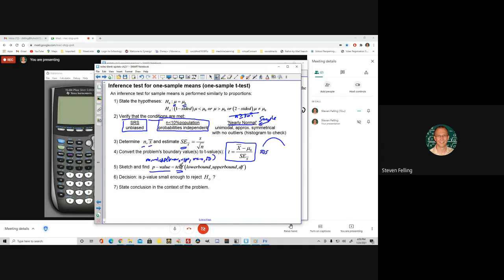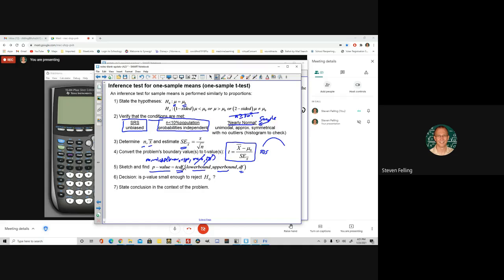But the tCDF function, because it has to embed many, many curves, requires us to specify the degrees of freedom, and it no longer allows us to enter a mean and a standard deviation. So we always have to use 0 and 1, the default. And that means we always have to compute the z-score; in this case, it's called a t-score. So we enter the lower bound, the upper bound, and the degrees of freedom. Okay.